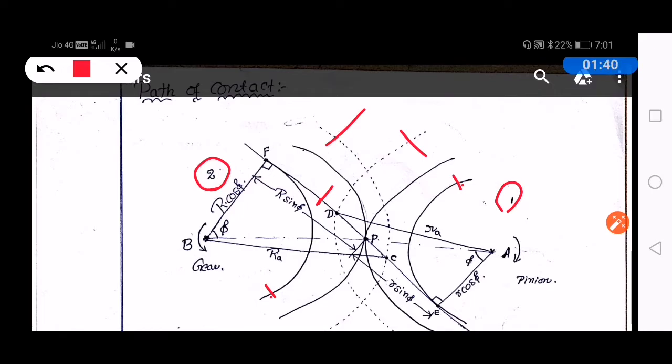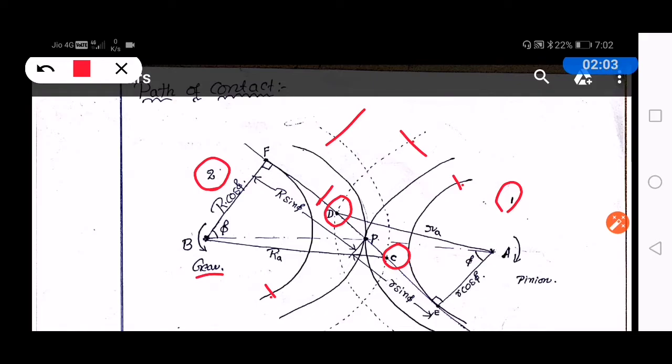The addendum circle of the gear is touching the line of action at point C. Similarly, the addendum circle of the pinion is touching the line of action at point D. So this CD is the path of contact.